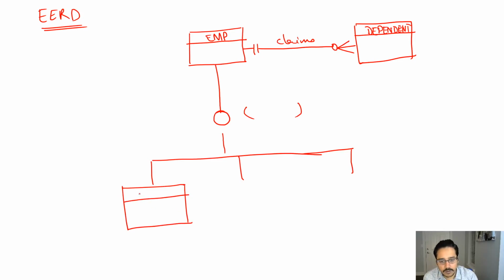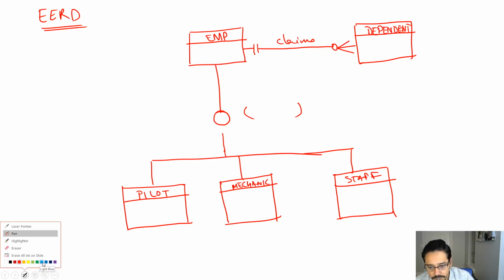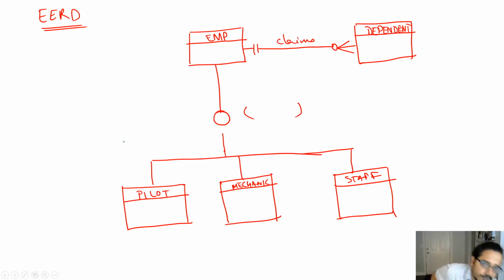Okay, so you have pilot, you have mechanic, and then you have staff. Okay, ground staff. Okay, this covers it, so there are a few empty spaces. All right, so let's fill up the blanks here and let's have some fun.